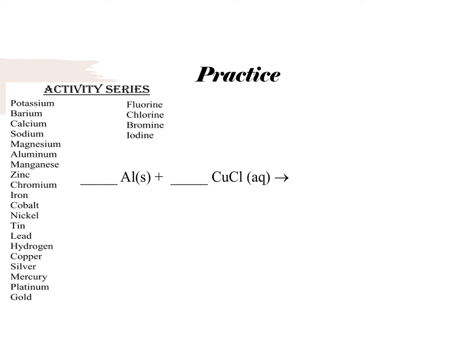We have a case here with aluminum and copper chloride, and this would be copper 1 chloride. So we want to find the aluminum, and we want to find the copper, and it's much farther down. We have a case of the element. So here's our A plus BC. The element is higher up, and so it's going to replace.